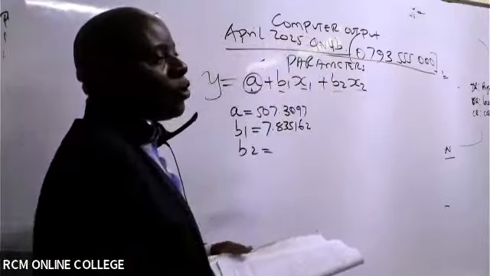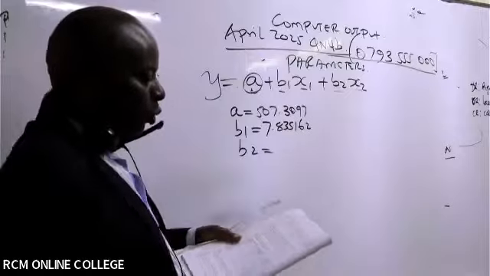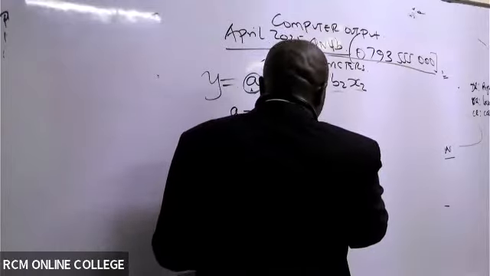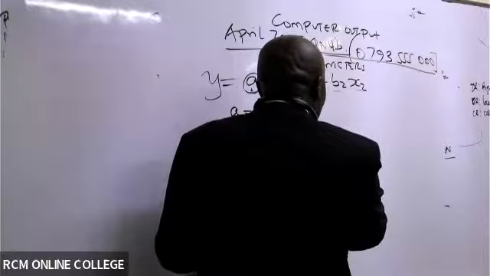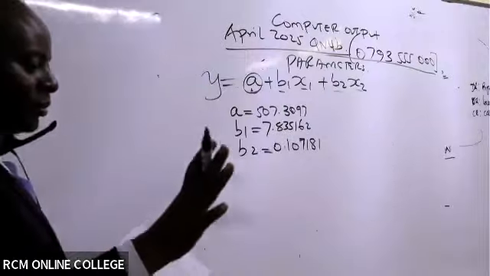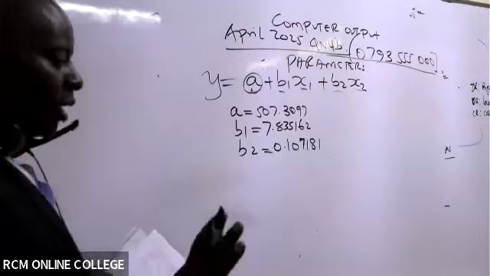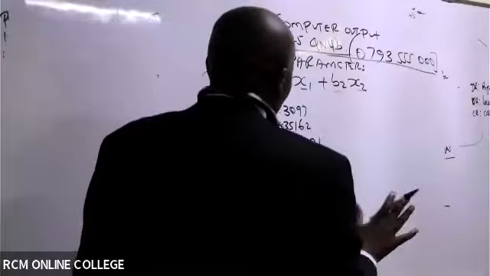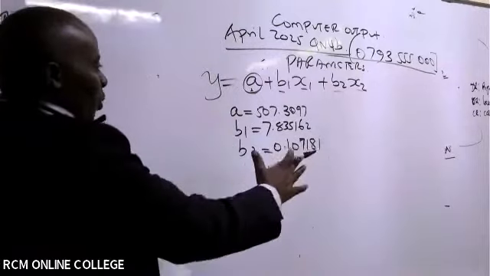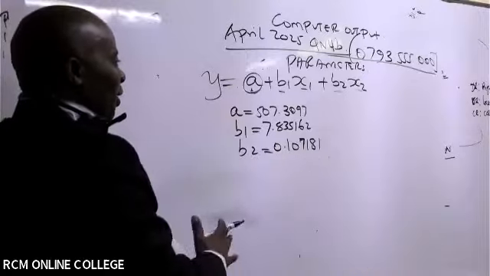So the coefficient of x2, which is 0.107181. I don't want us to round. Don't round off if the examiner gives you 10 decimals. Write what the examiner has given you. You write everything as it is given to you by the examiner. We don't want to get into loggerheads with the examiner because he will always have his way. When he has his way and you've got no way, it means you fail.